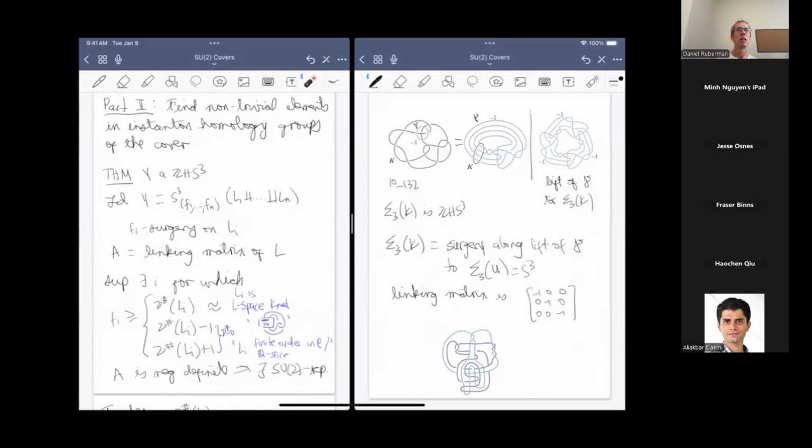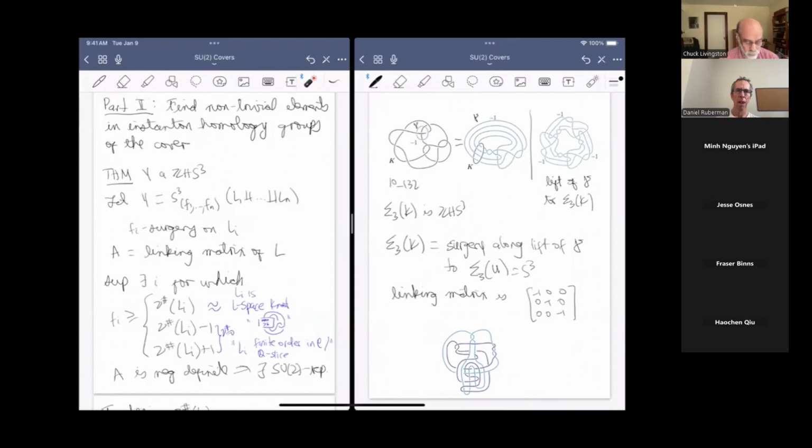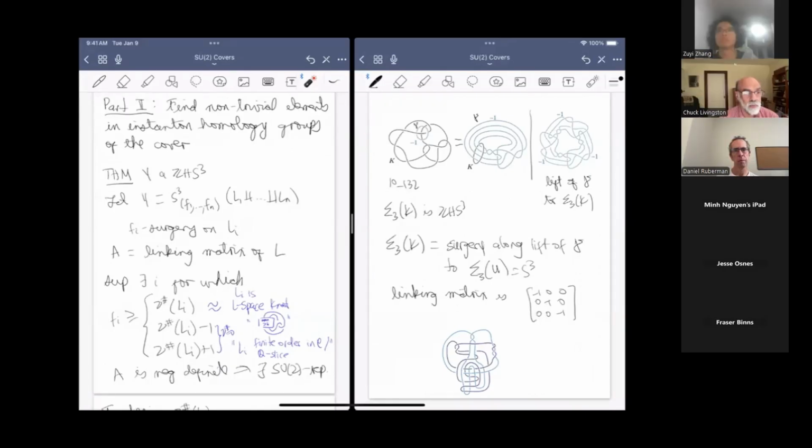But what happens is that each one of these components, the lift of gamma to the threefold cover of K, is a 3-component link. It's symmetric. So all of the components have the same knot type, and all of them are unknotted. And so if I blow down one of the components, then I get this surgery description in terms of 2 knots.